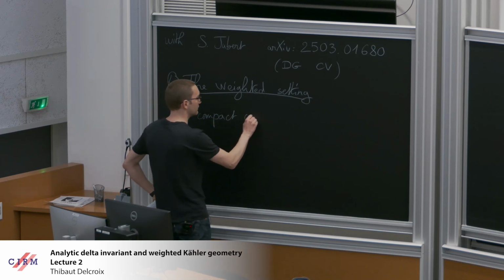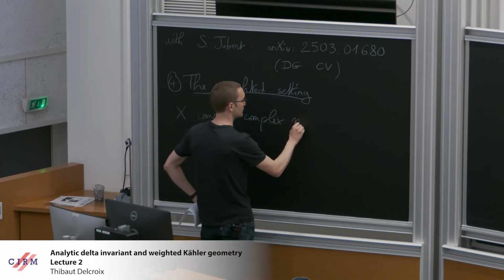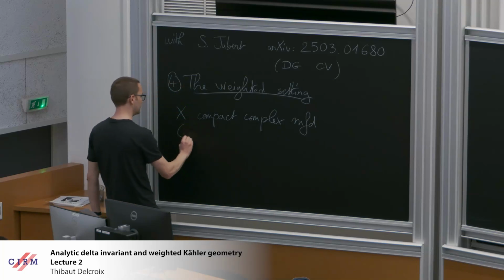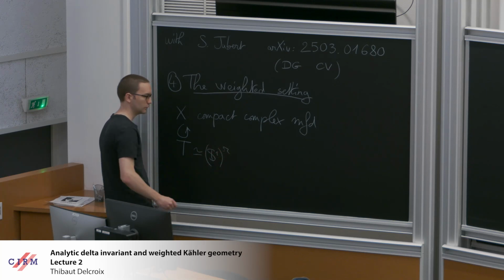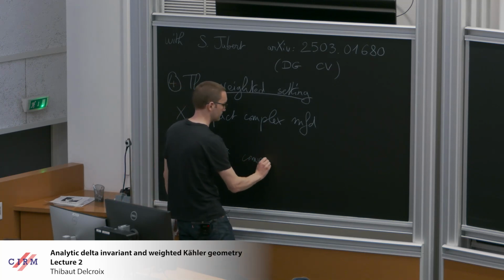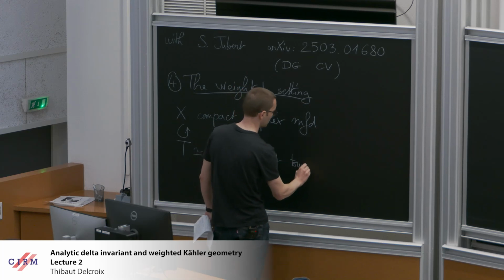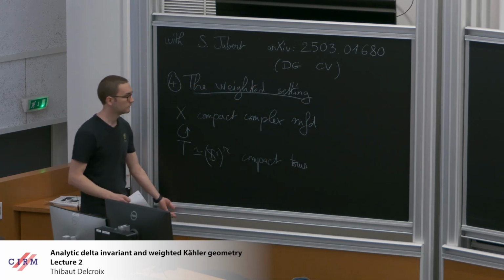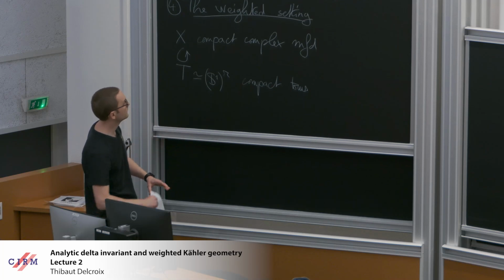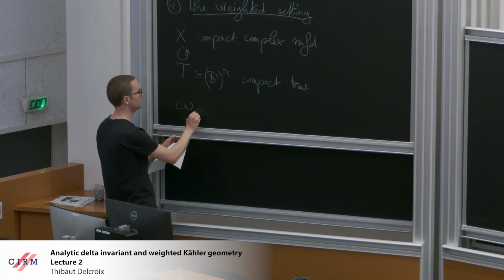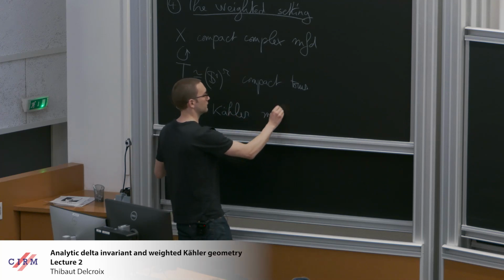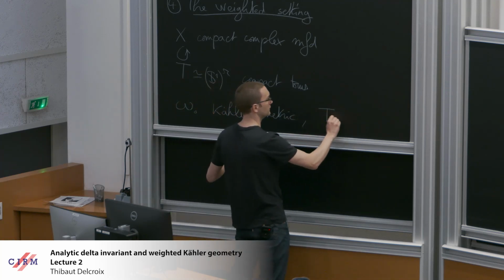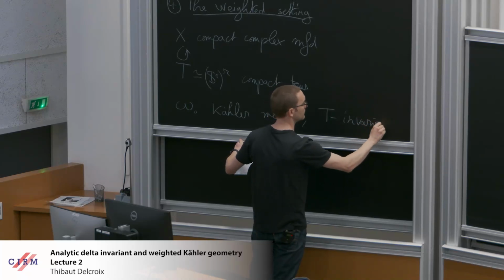So now, X is still a compact complex manifold, as yesterday, but now it's equipped with a group action of a compact torus, and my Kähler metric omega 0 is assumed to be invariant under this action.